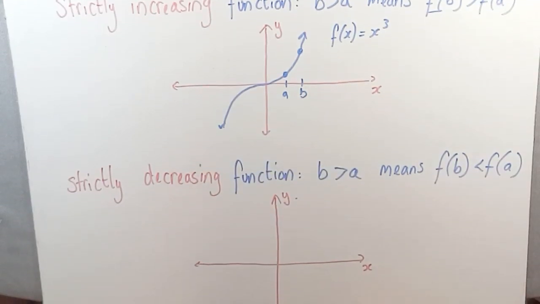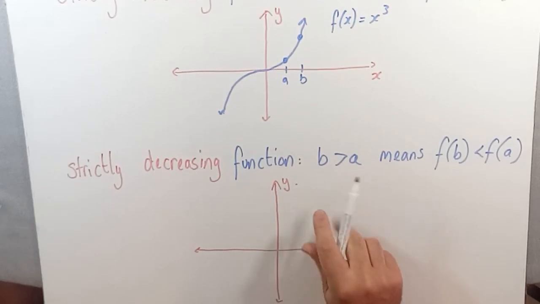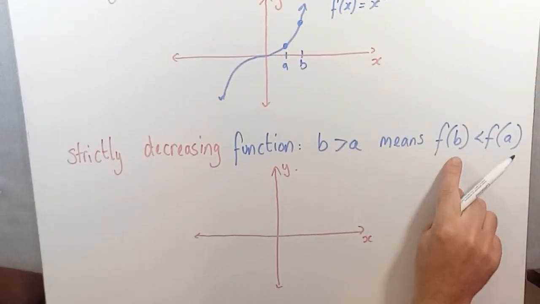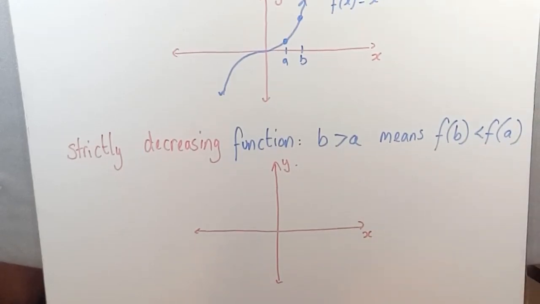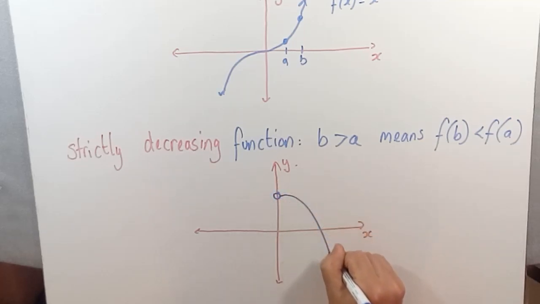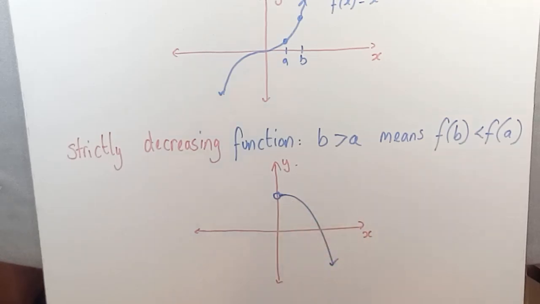Okay, strictly decreasing function, you might have guessed it, exactly the same. B is greater than a means f of b is less than f of a. So you could get a graph that does that. I have not drawn that well.